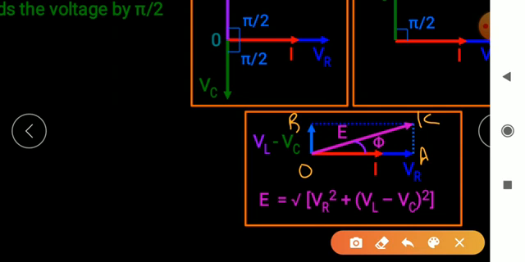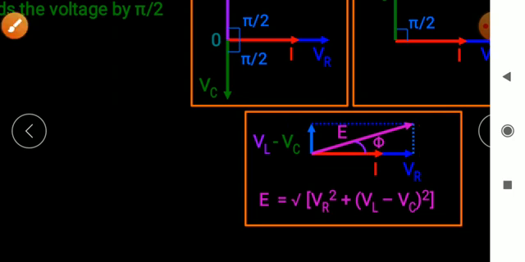Hence the vector sum of VR, VL and VC is the phasor E0, represented by OK, making angle phi with the current phasor I0. So OK is given by the square root of OA square plus OB square. So E equals the square root of VR square plus (VL minus VC) square.